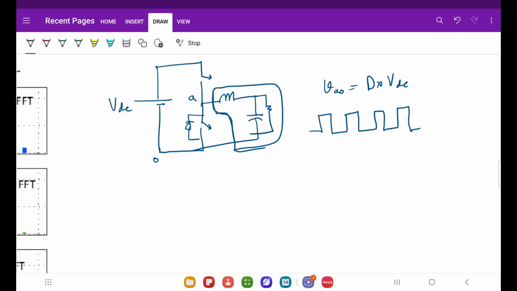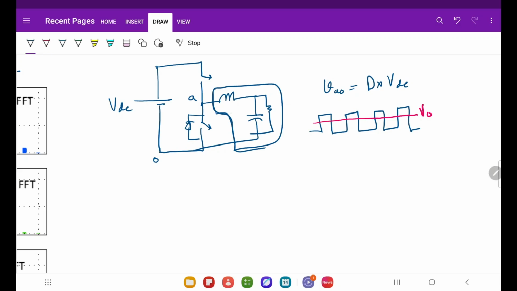What happens is that it eliminates all the unwanted harmonics from here and makes it a proper DC. So this is my V output, which is nothing but DC. So you already know how to eliminate these harmonics and make it proper DC.